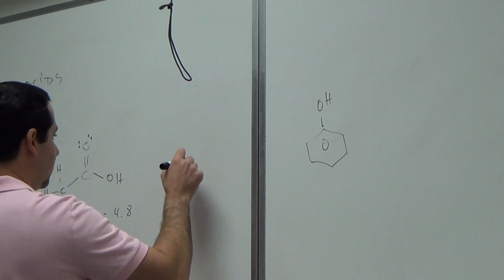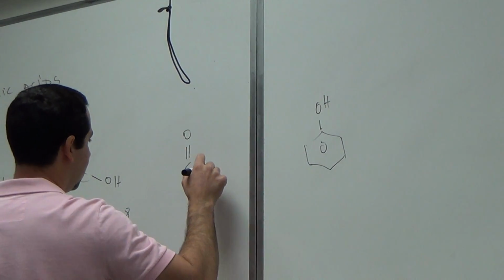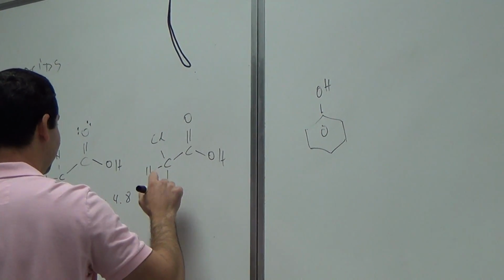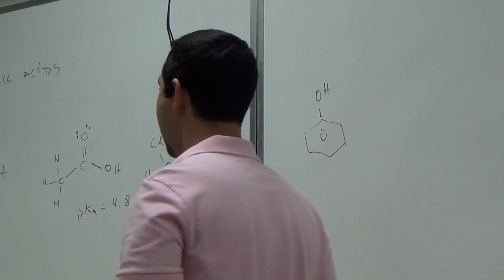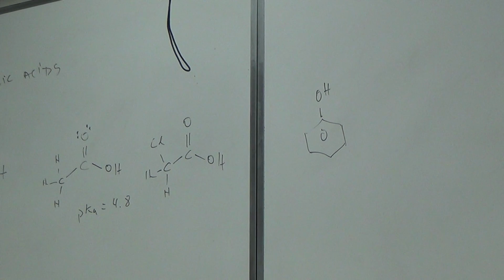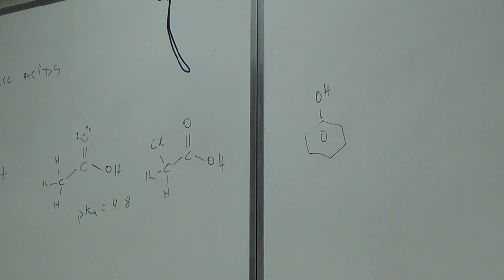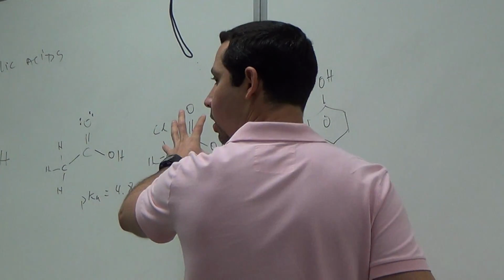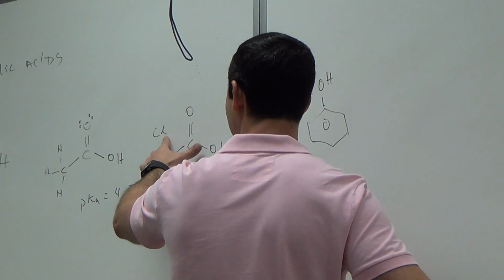What I care about is that if I do this and I put 1 chlorine on that, you expect the pKa to go what? Lower, yeah. Because this is more acidic because of the chlorine.